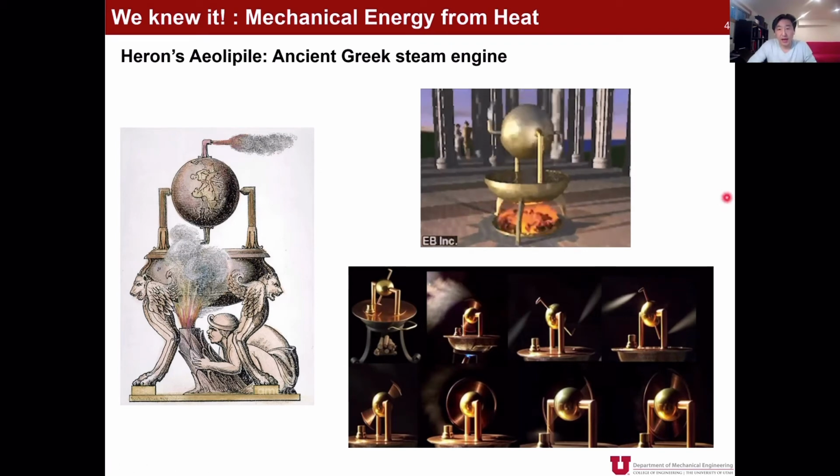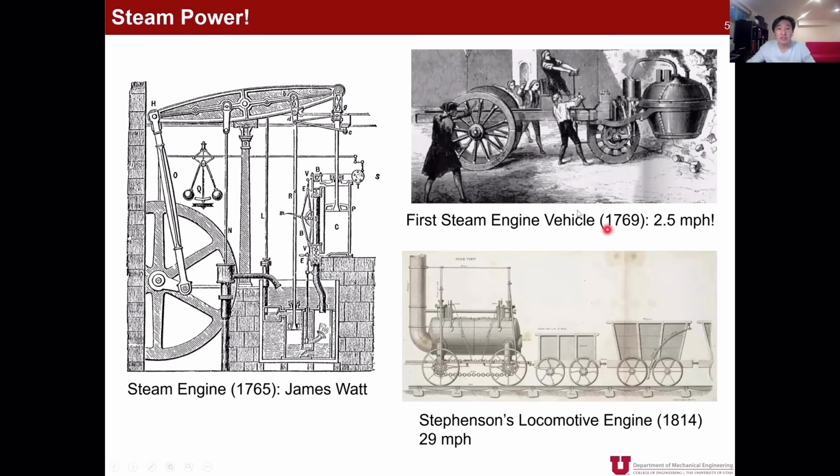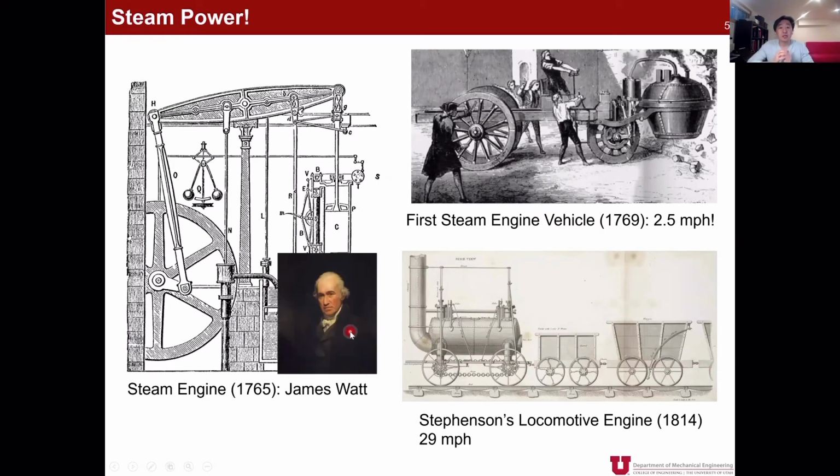And it took a long time until people realized that this kind of power could be used for our own benefit. That happened in the 18th century. James Watt in 1765 made the first steam engine.